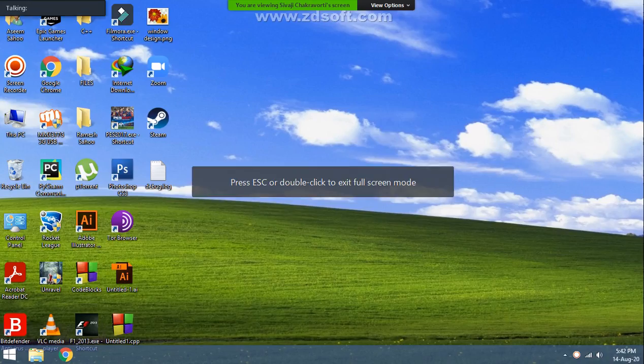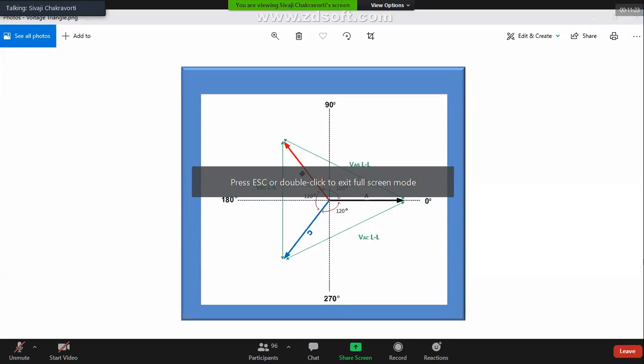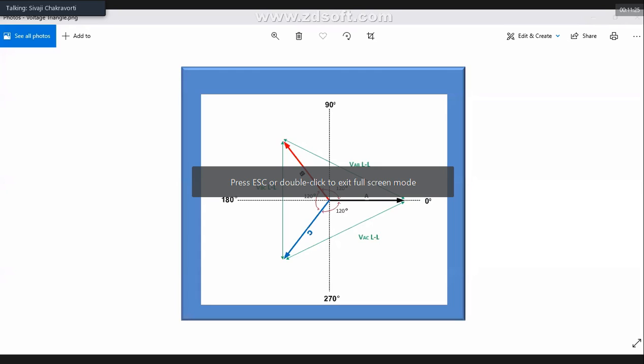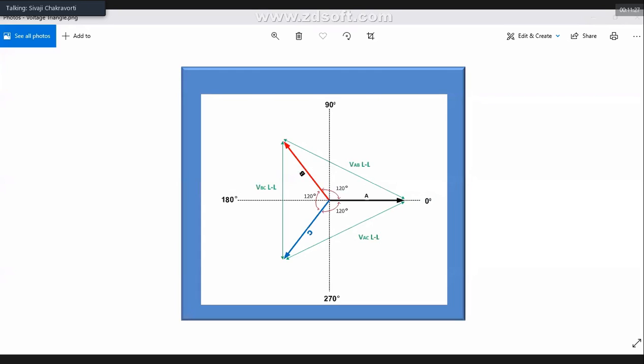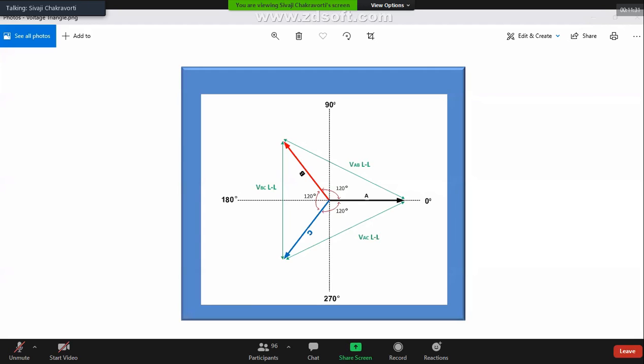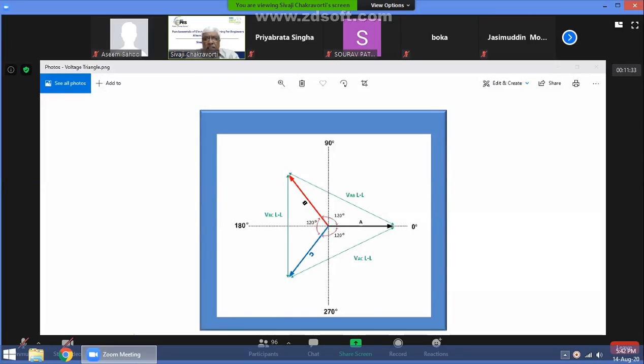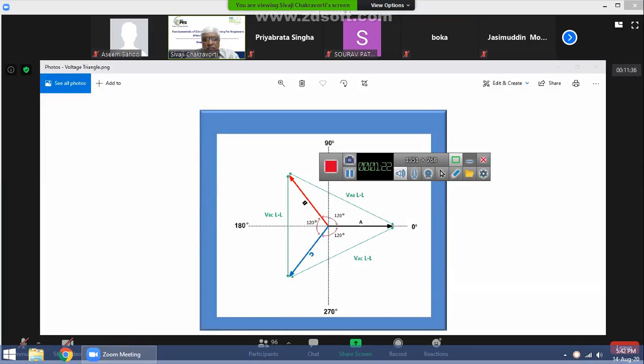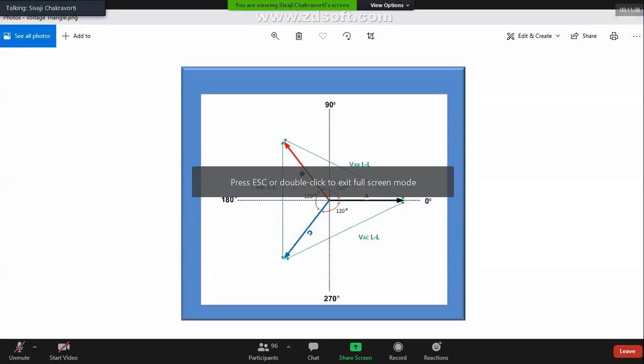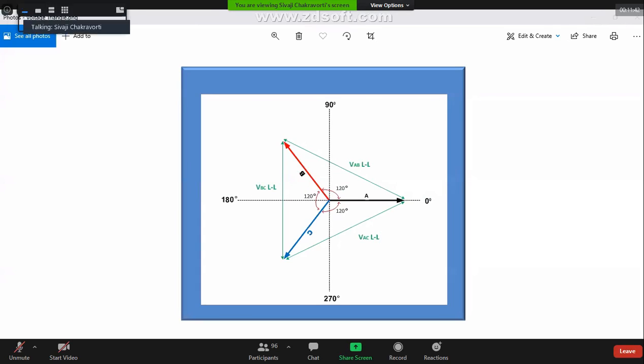You remember that when we discussed the star and the delta connection, we said that the line voltage and the phase voltage have a certain relationship. For star connection, the line voltages are √3 times the phase voltage, the magnitude. Similarly, the line voltage and the phase voltage are not in phase.